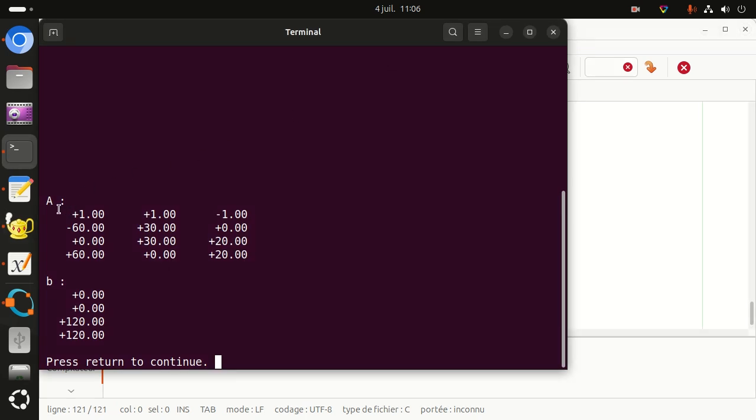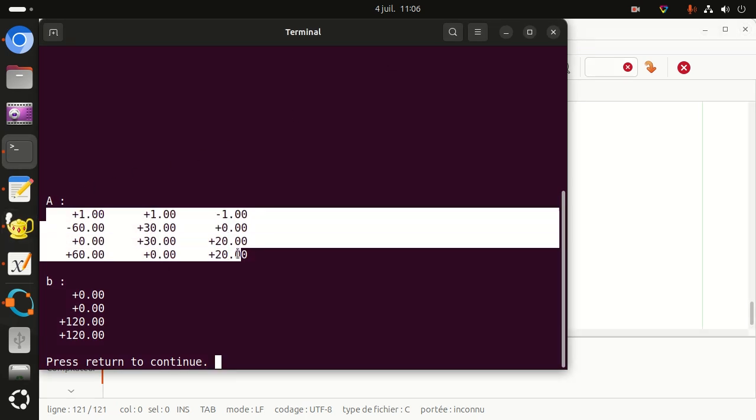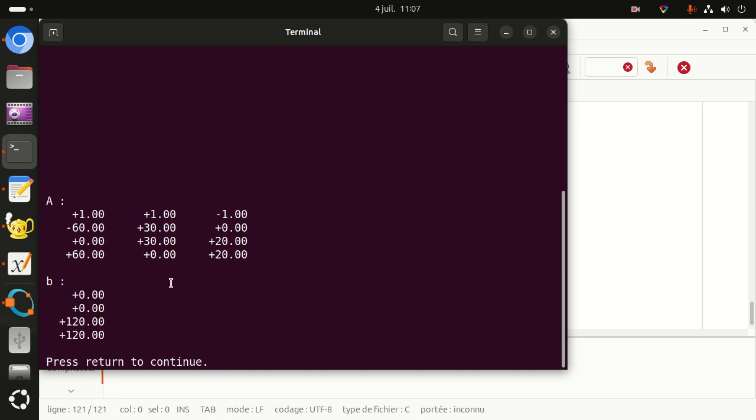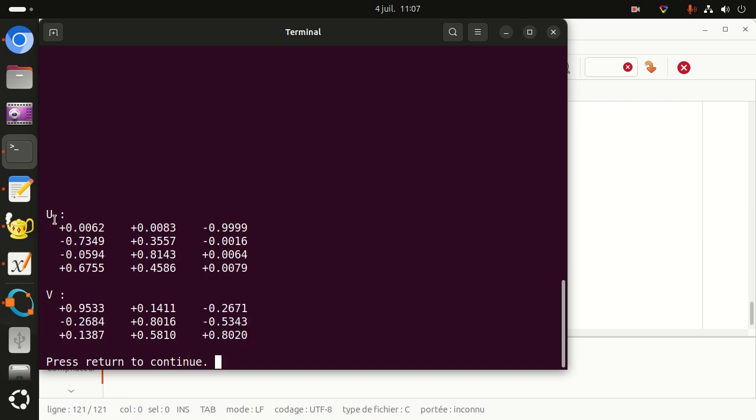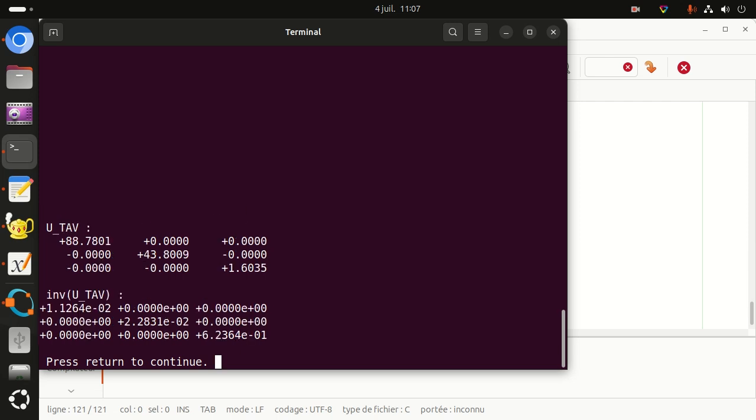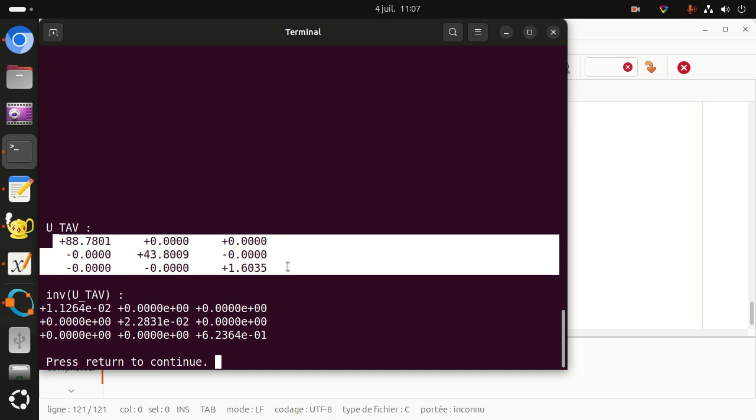In the same way, you have A, you have B, you compute U of the singular value decomposition, you compute V of the singular value decomposition. Now you take the conjugate transpose of U multiplied by A multiplied by V, which gives a diagonal matrix.